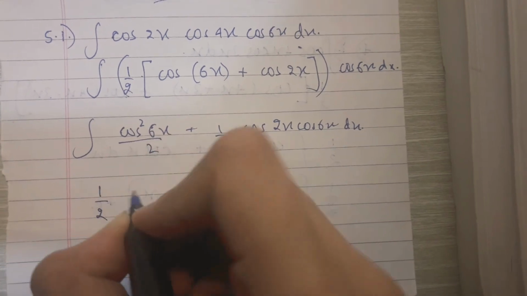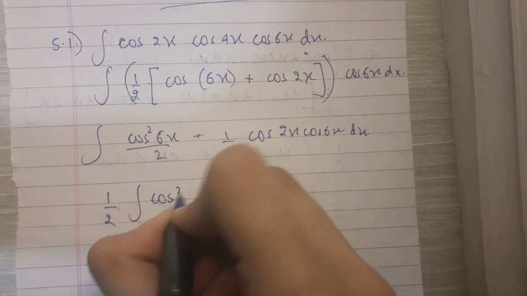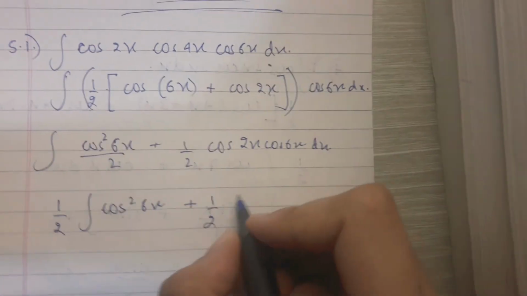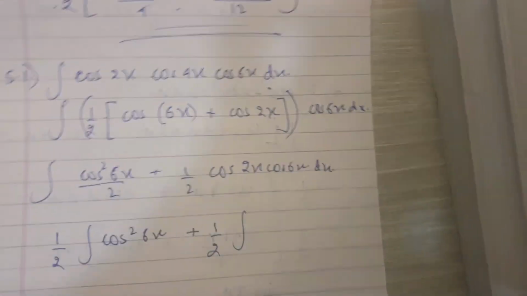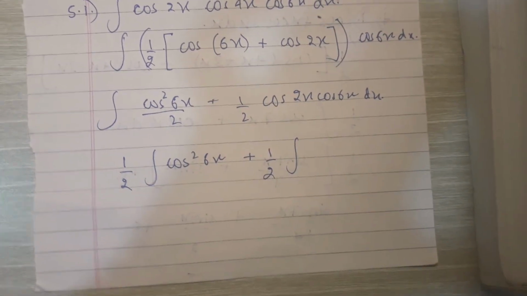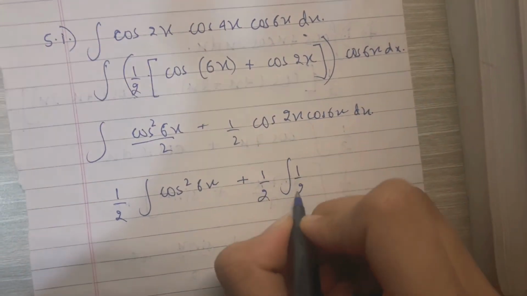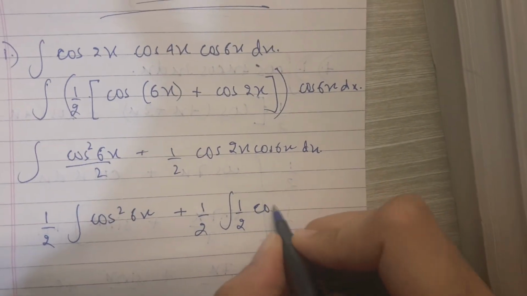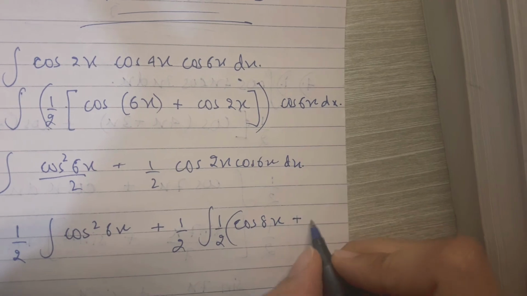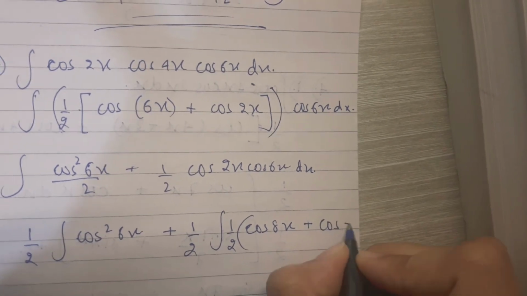Half goes outside and this can be written as only cos square 6x, plus again half goes outside, and then cos 2x cos 6x, we can again write it in terms of half cos x plus y plus cos x minus y. So that will become half cos 8x plus cos 4x.